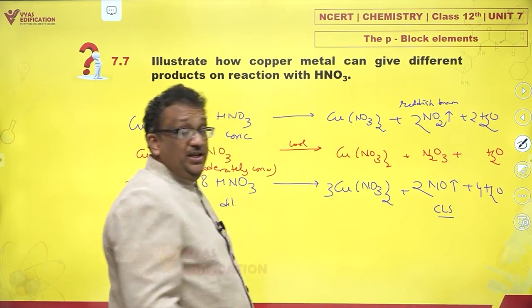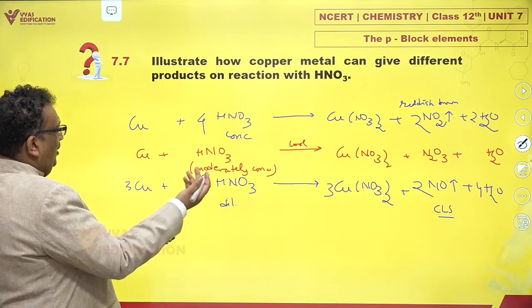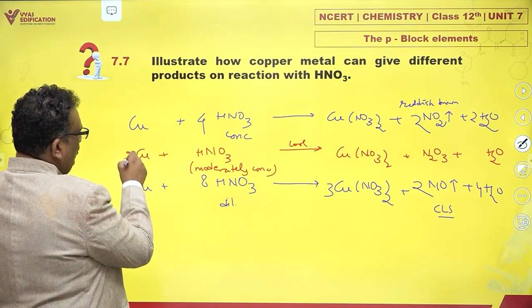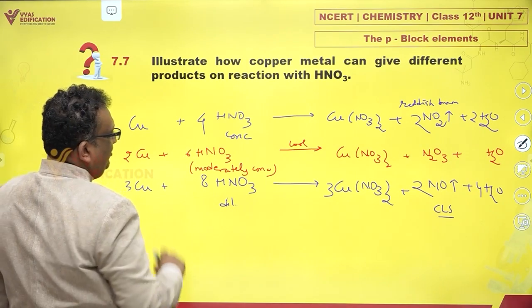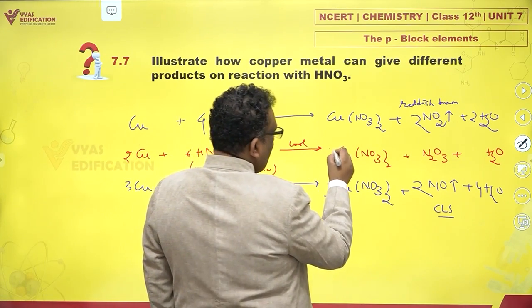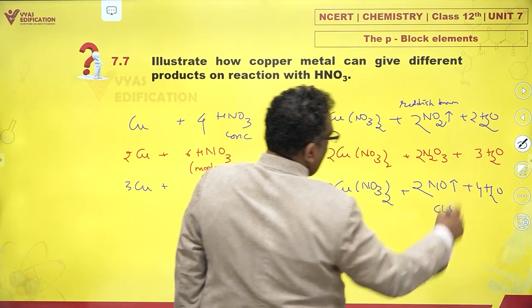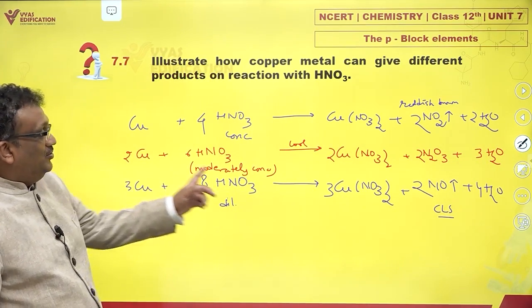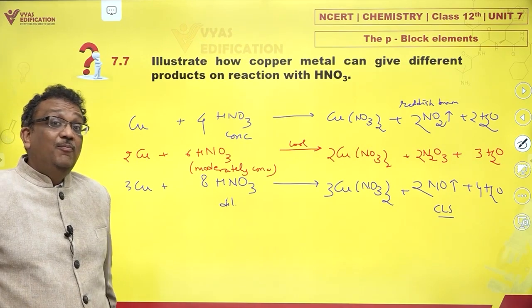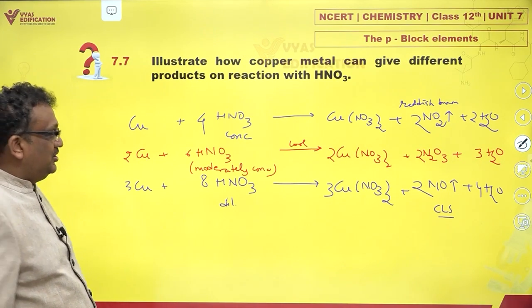Is that a possibility? Yes. And how much would that be? Around 2 Cu gives you around 6 nitric acid. You have 2 copper nitrate, 2 N2O3 and 3H2O. This is also possible, but a relatively rarer reaction.